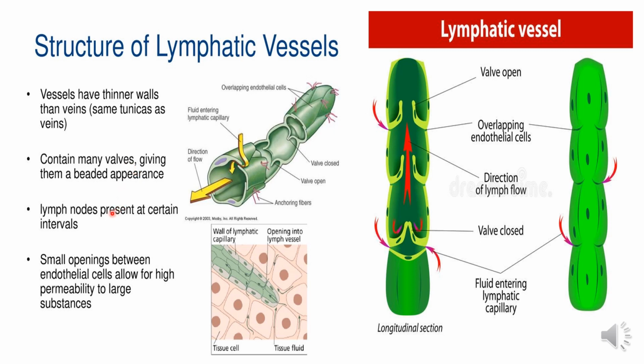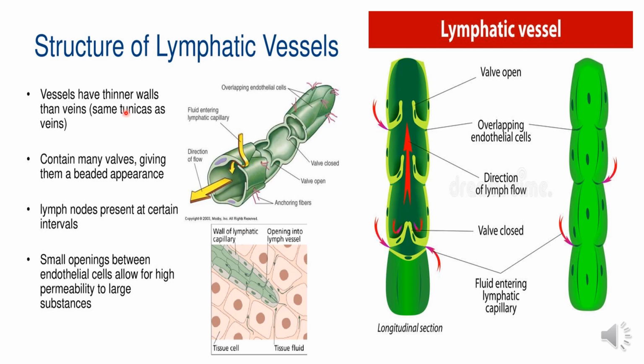Lymph nodes are present at intervals. There are openings between endothelial cells. The innermost layer of endothelial cells, which have large openings, allows high permeability to large substances.